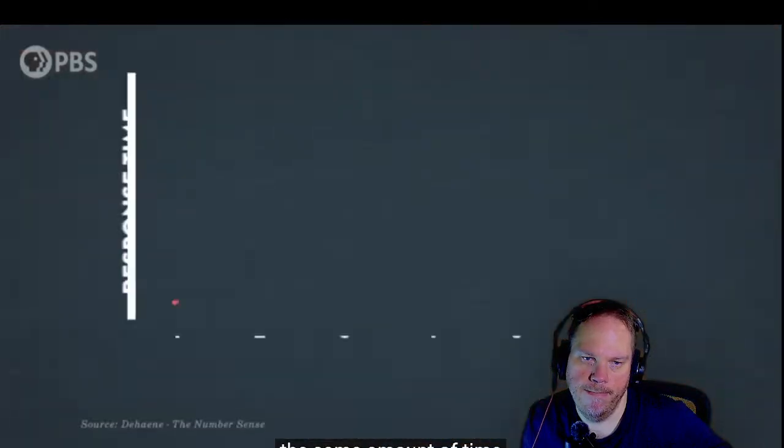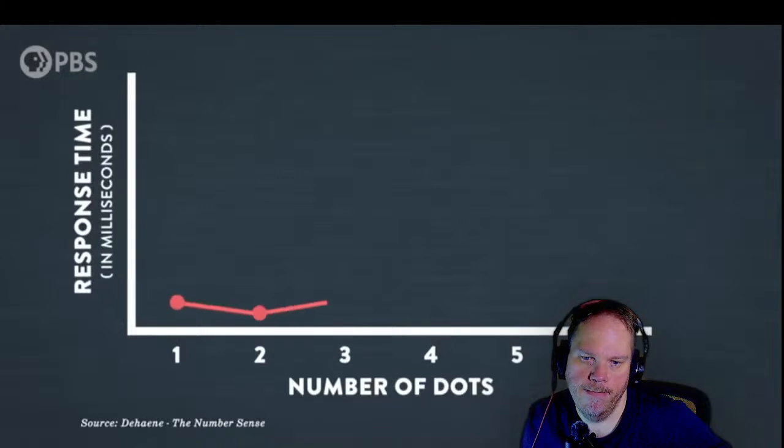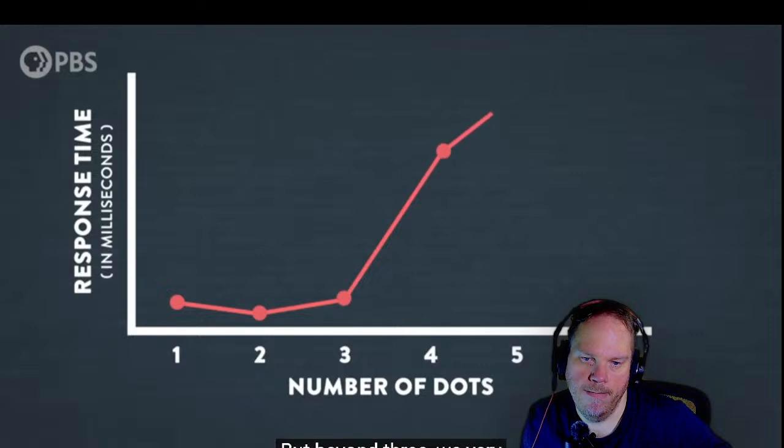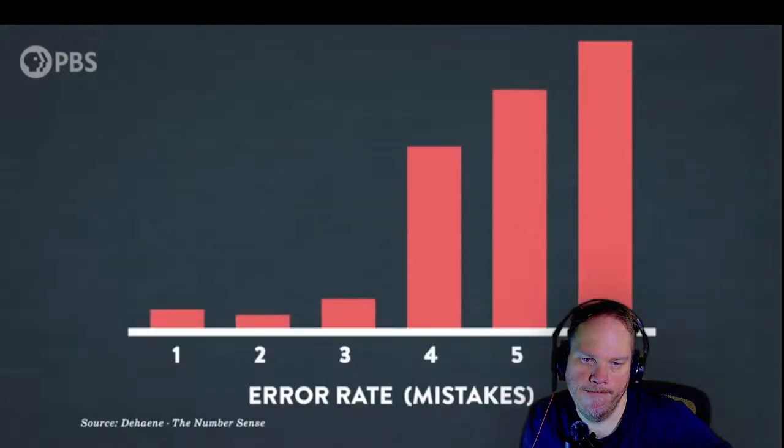Psychologists have done these tests on huge numbers of people, going back more than a century ago, and they find it takes people basically the same amount of time to recognize 1, 2, or 3 dots or shapes or objects. But beyond 3, we very quickly answer slower. We start to make mistakes. Why do scientists care about having people count dots? Well, there's a surprising and profound secret hiding in these little experiments.